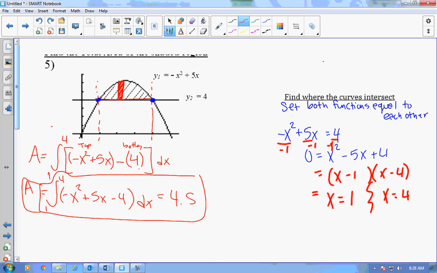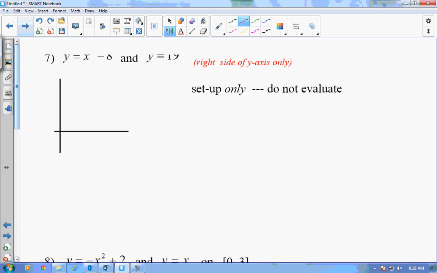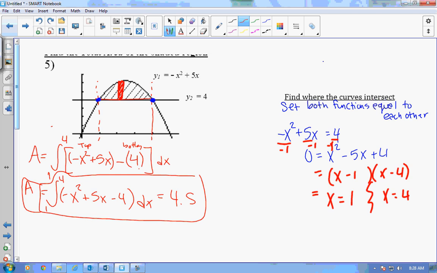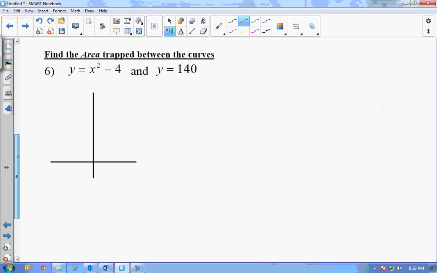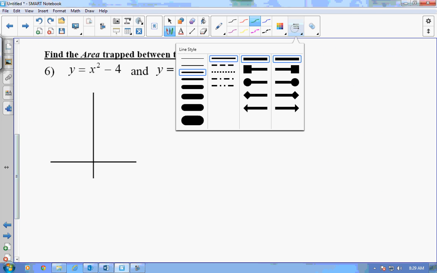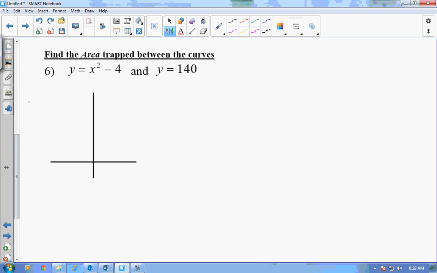Number 6. Yeah, this is weird that some of it is cut off. Oh, that's on number 7. Find the total area. We have x squared minus 4. Do you guys know how to factor that? To find the zeros? Minus 2 and plus 2.